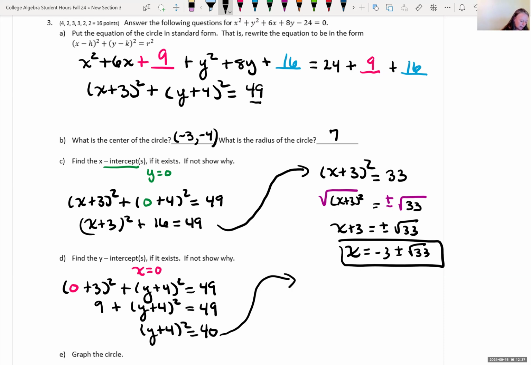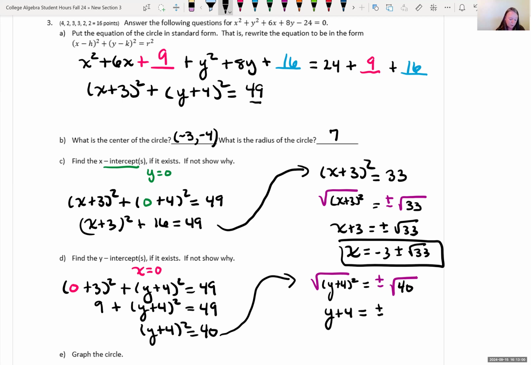Using my square root method, taking the square root of both sides of my equation, the square root of (y + 4) squared is equal to plus or minus the square root of 40. So I have y + 4 is equal to plus or minus.